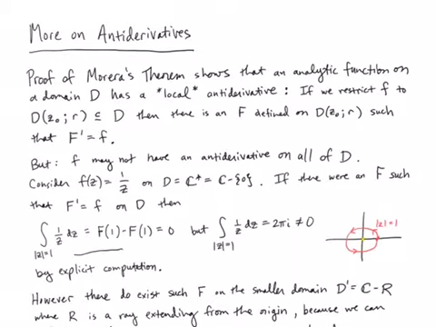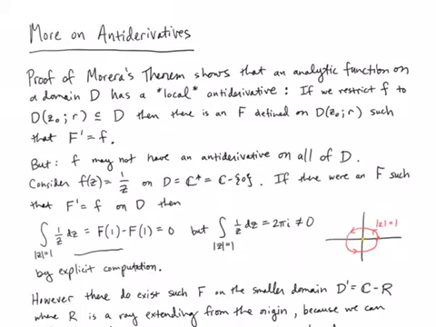So the integral of 1 over z, if there was an antiderivative, would just be that capital F evaluated at the endpoints. But since our curve is closed, the endpoint and the starting point are the same. We can take that to be the point 1 on the unit circle. And so that difference is 0.